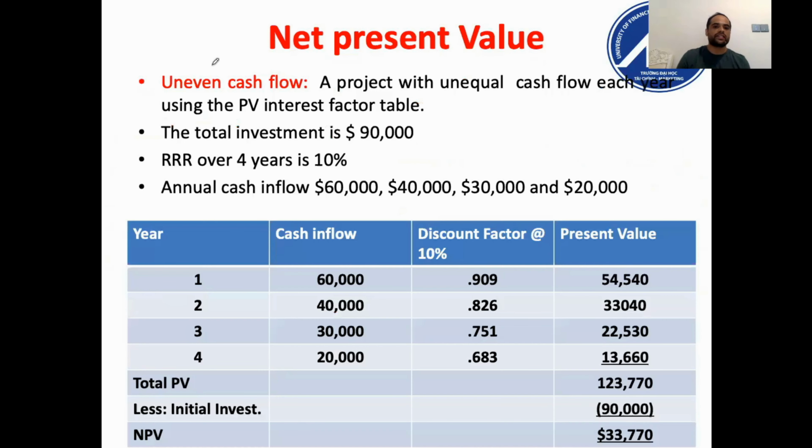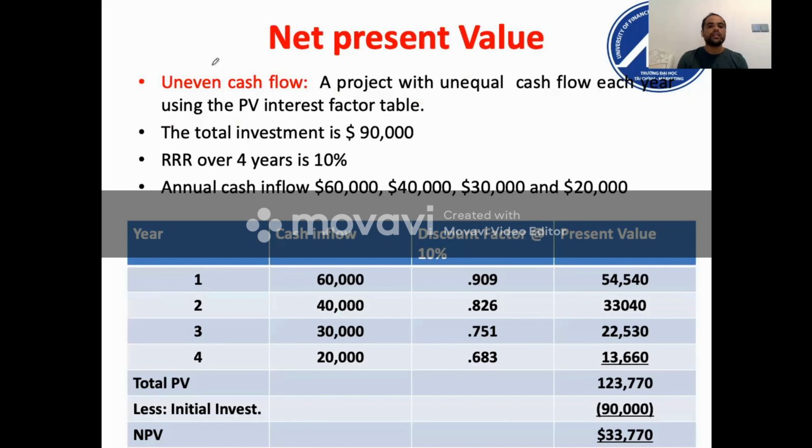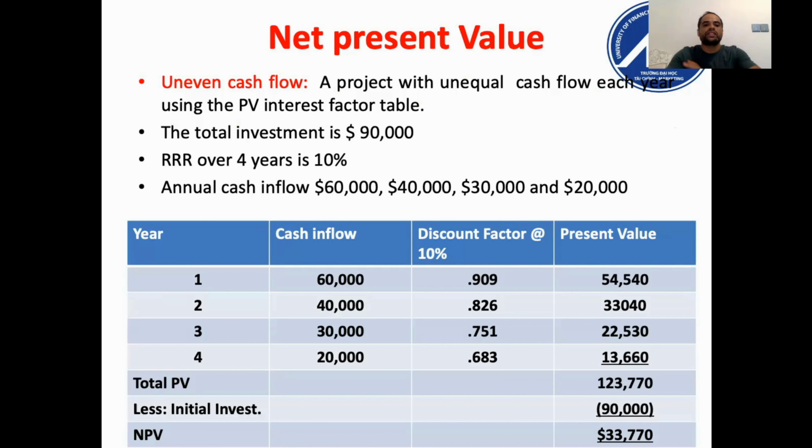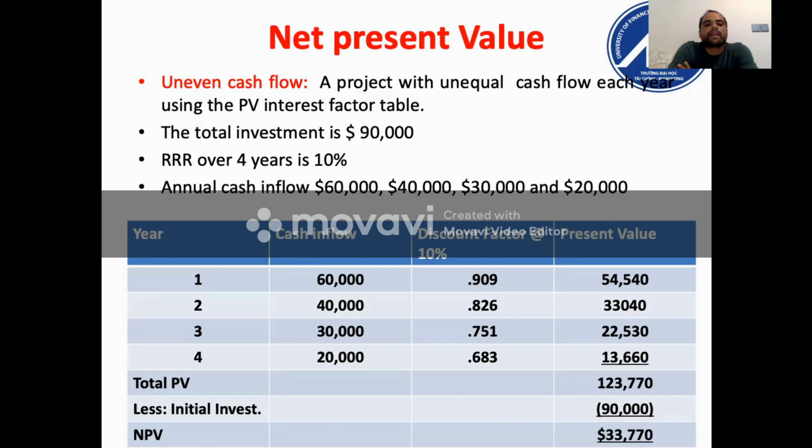So next one, here is a question. Uneven cash flows. So it says very clear, a project with unequal cash flows each year using the present value interest factor table. So the total investment or initial investment is 90,000, right?